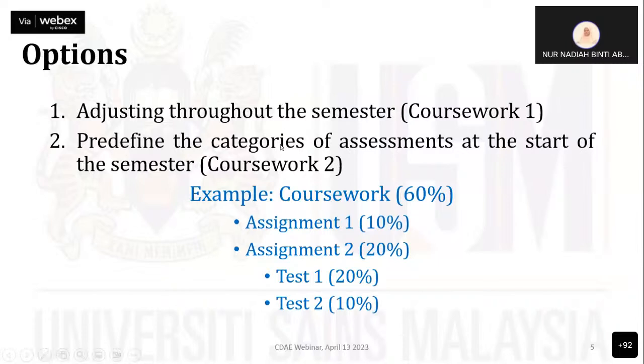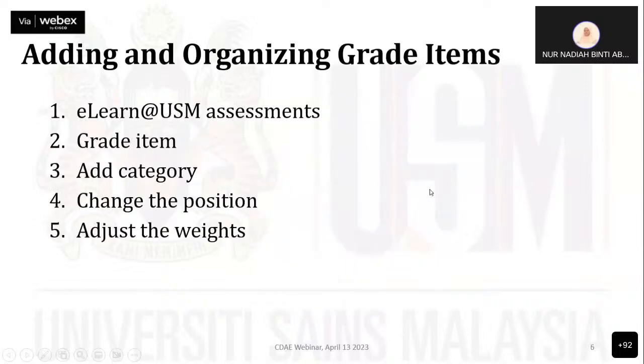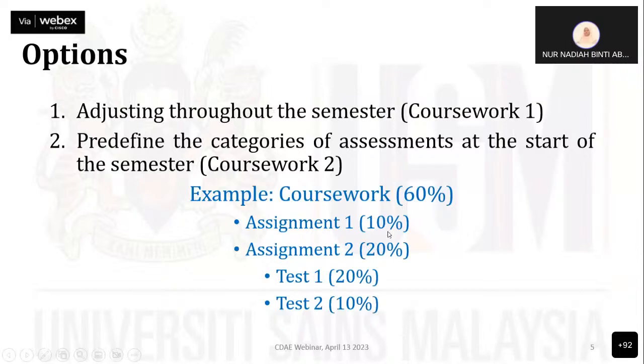Okay, so personal preference. I'm going to use an example of coursework of 60%, with assignments giving 30%, giving half, and tests giving another half. And then the percentage is as so.